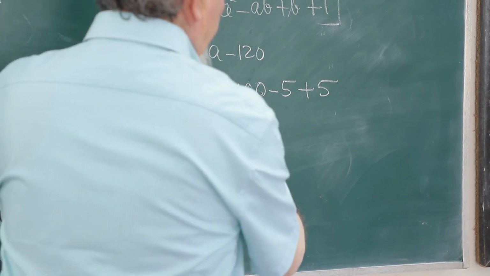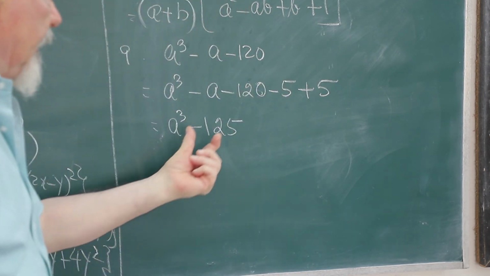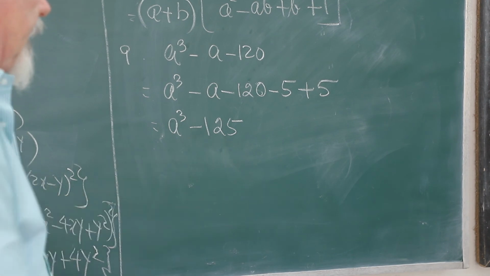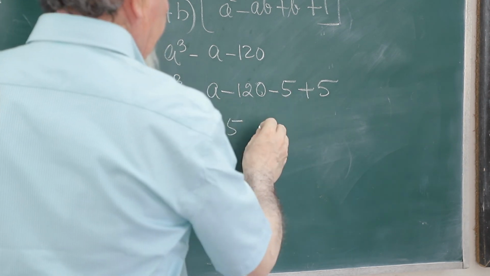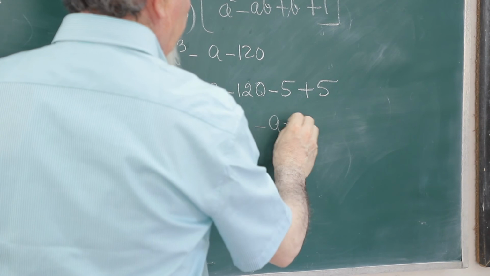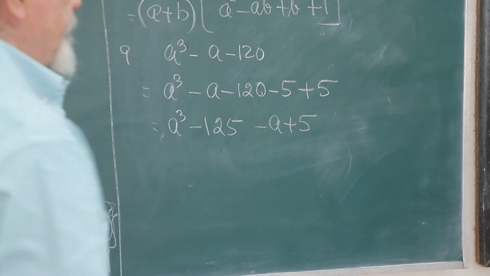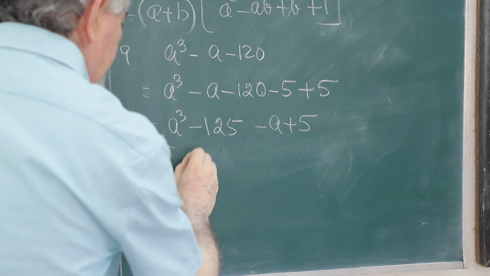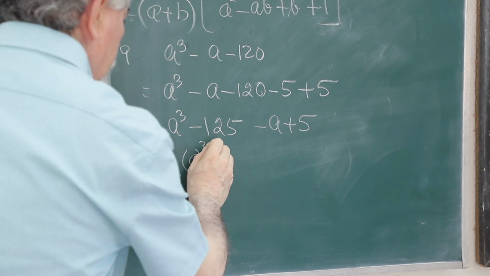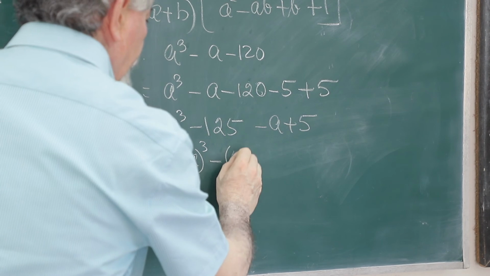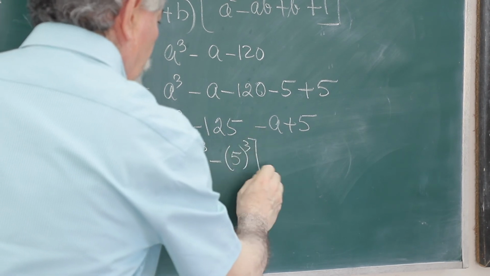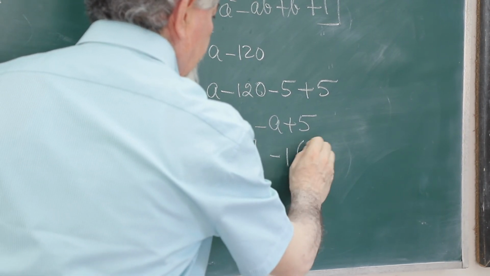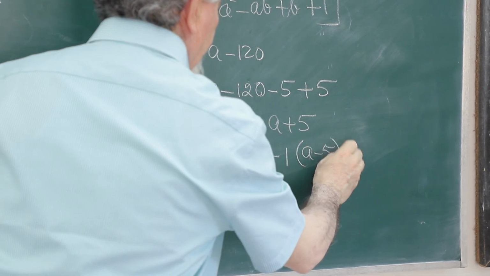If I add 1, minus 120 minus 5, I get minus 125, and this 5 remains, so minus a plus 5. Now this is a cube, I can write this as a whole cube minus 5 to the power 3. Out of this I can take 1 common, it will be left a minus 5.